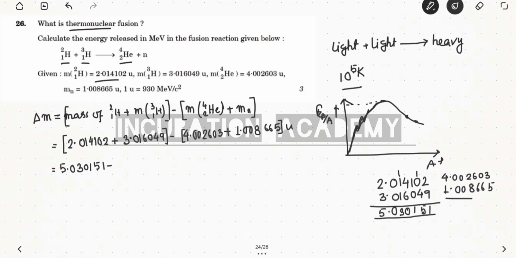If I add these two, 6 6 is 12, 8 plus 2 is 10, 10 plus 1 is 11, 105, so 5.0111268.